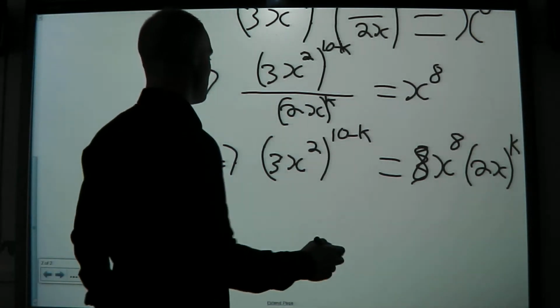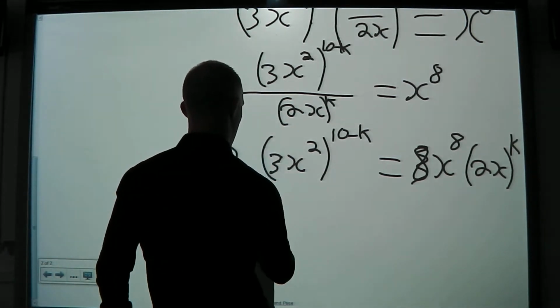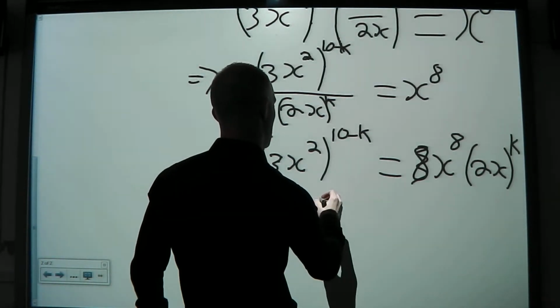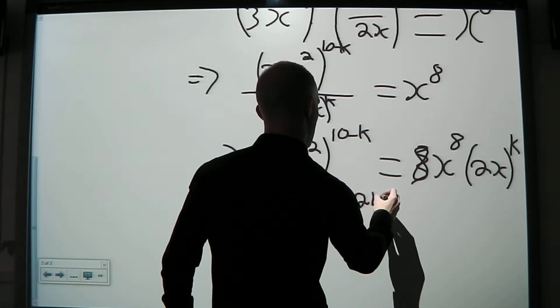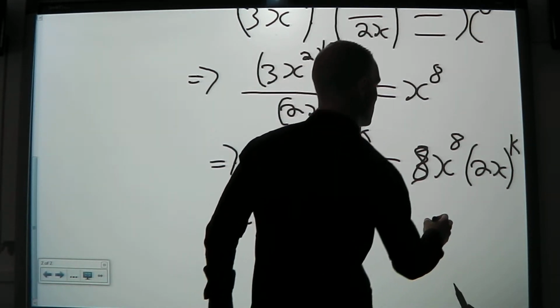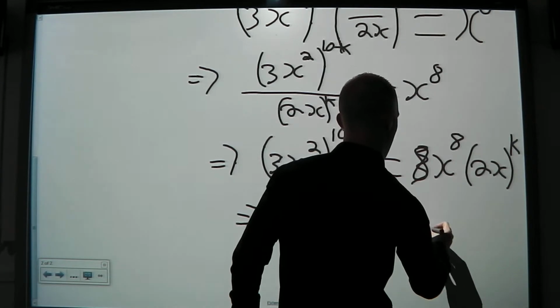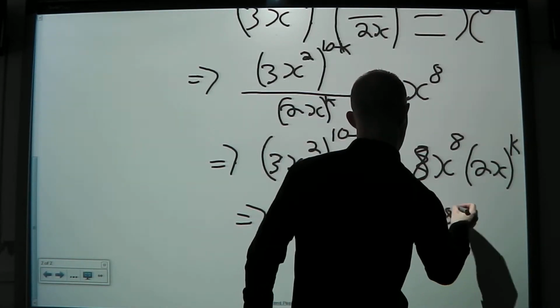Now these coefficients must match up, so that implies x to the power of 20 minus 2k is equal to x to the power of 8k.